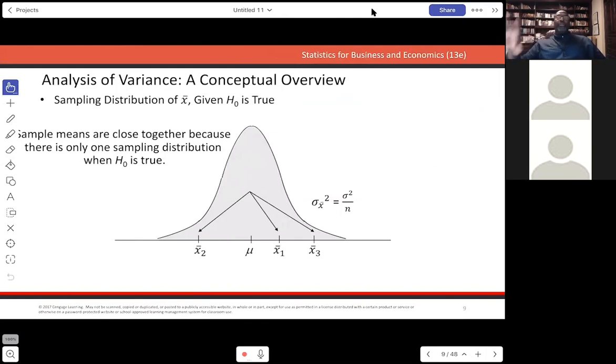It's not 2, it's not 3, it's not 4 of them, because if they have the same mean and the same standard deviation, then you superimpose them on each other, and it's the same distribution, same population.